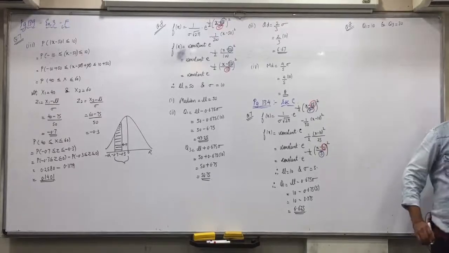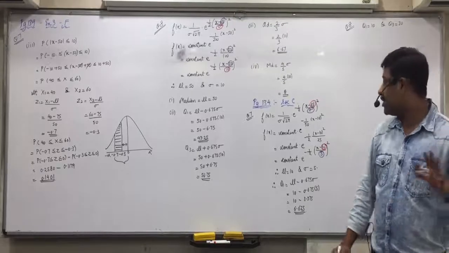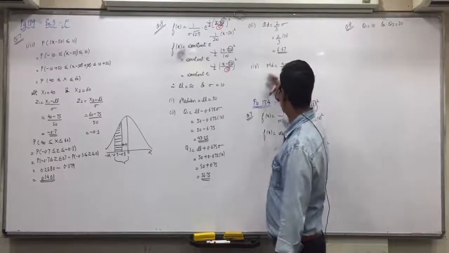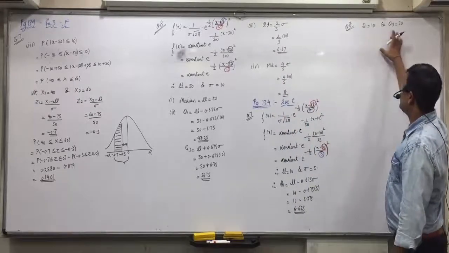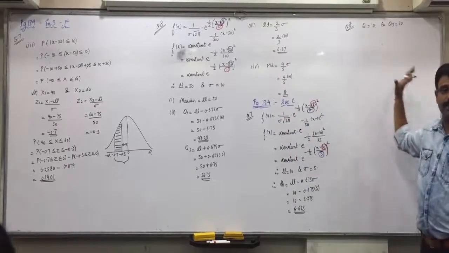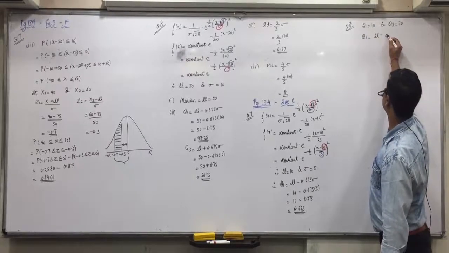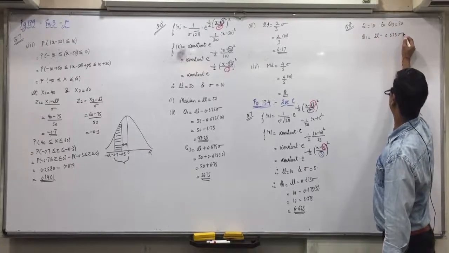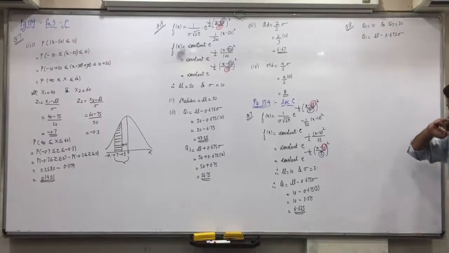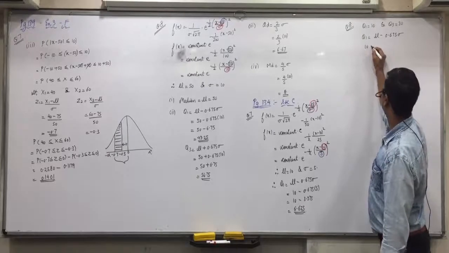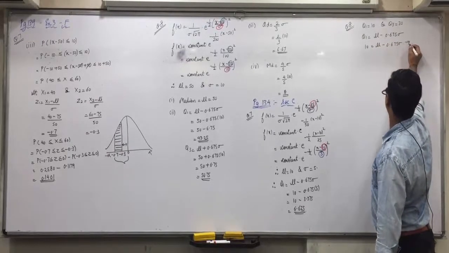Now see, the mean deviation's formula is 4 by 5 sigma, but we need sigma for that. We'll make two equations and find sigma. Like Q1 is mu minus 0.675 sigma. So 10 is mu minus 0.675 sigma, mark it as 1.